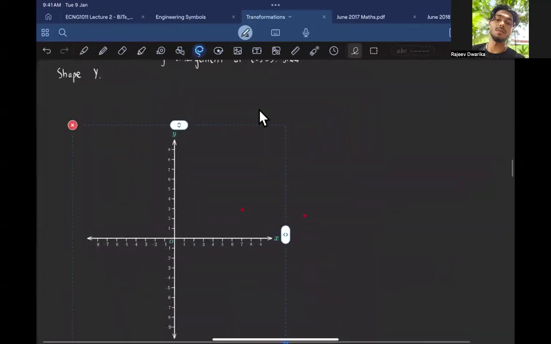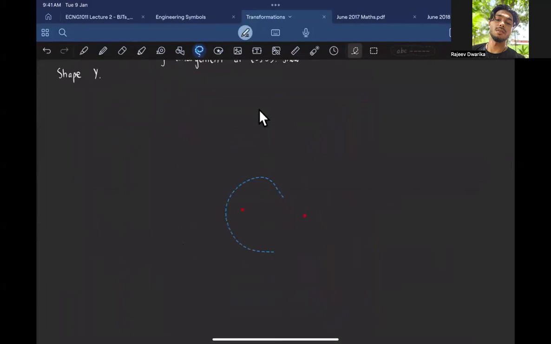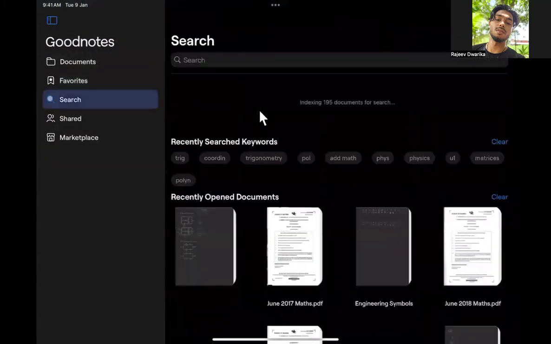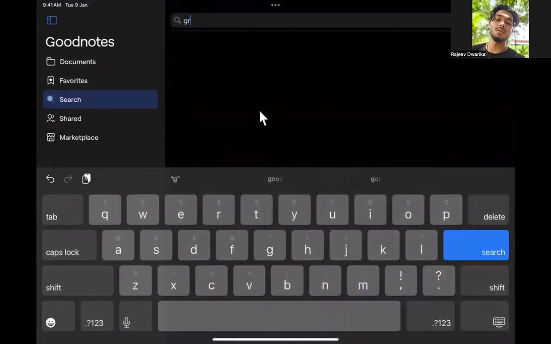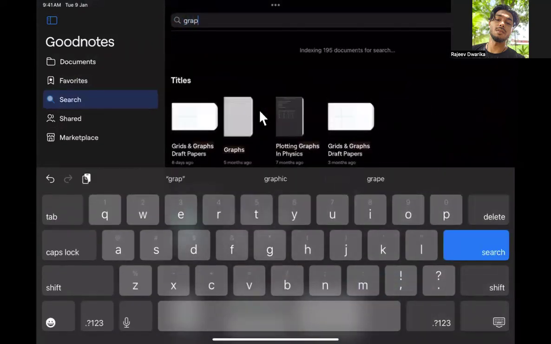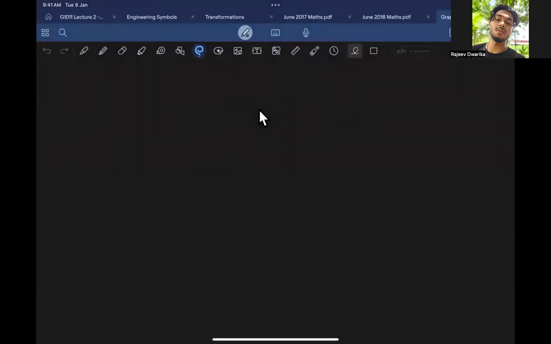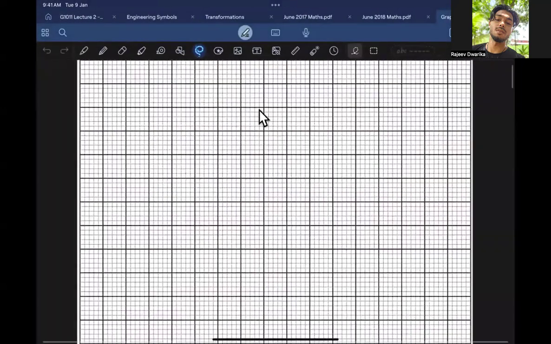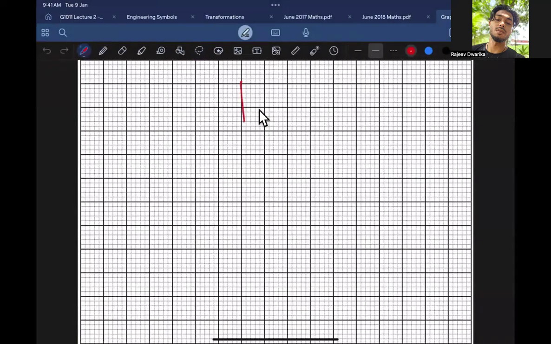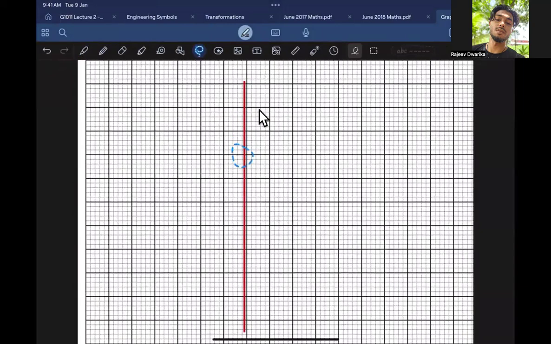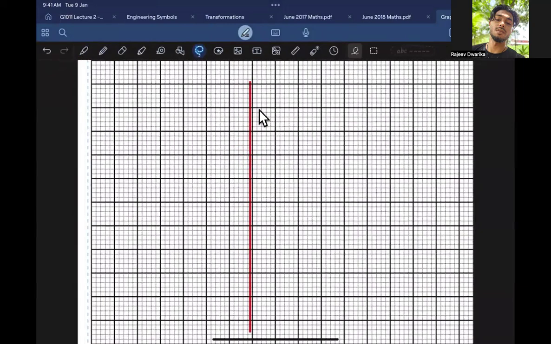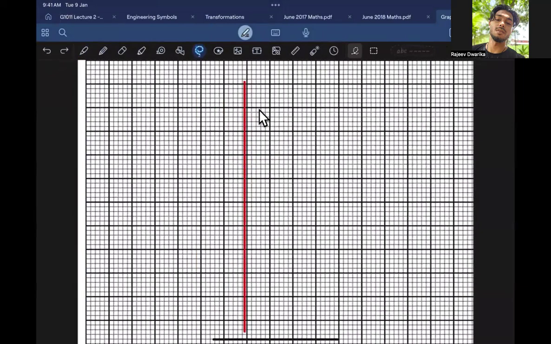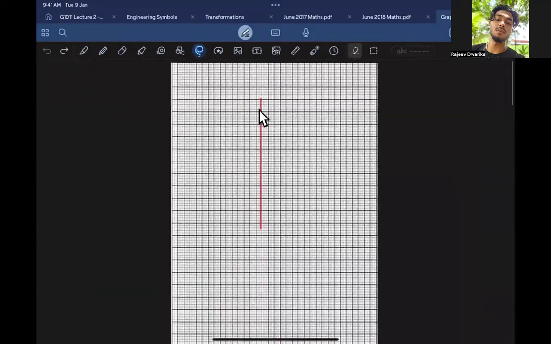I should probably get a better graph, honestly. I have graph templates here. Oh no, this isn't moving.